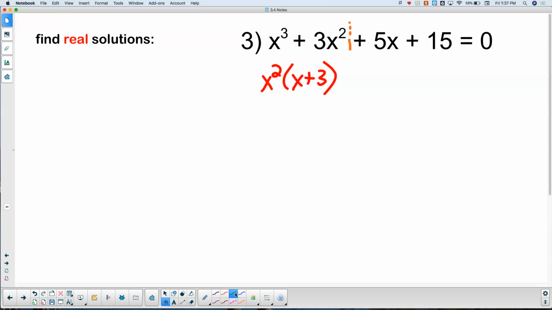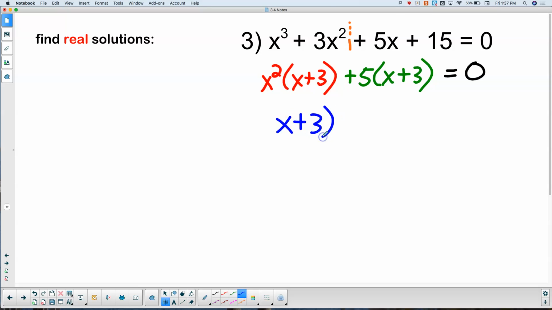Factor out a 5. Leaves me with x plus 3. Factor out an x plus 3. Leaves me with x squared plus 5.